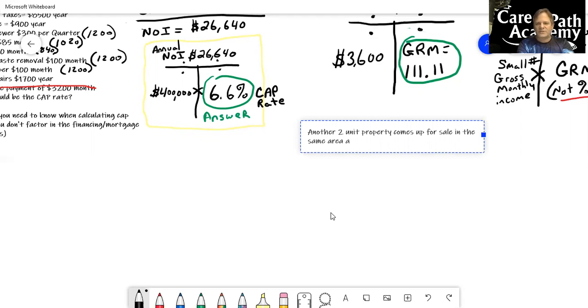And the investor will purchase it if the cap rate is 6% or over.